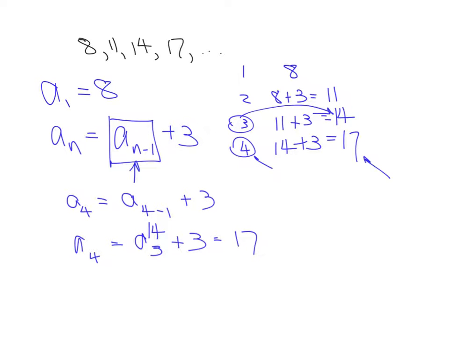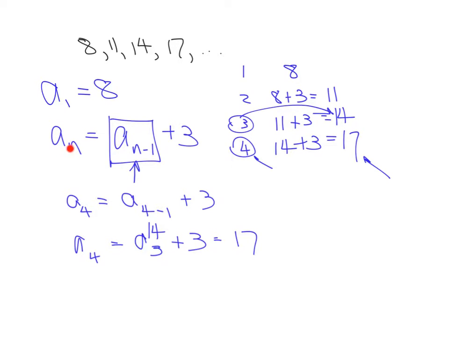So probably the thing that gets students confused is, what is this number and what is this number, these numbers here? Alright, the n always represents not the answer, but which consecutive number we're talking about. Are we talking about the first, the second, the third, the fourth number? So if you just remember that n, you always say first, second, third, fourth, fifth, sixth, you're going to be safe.